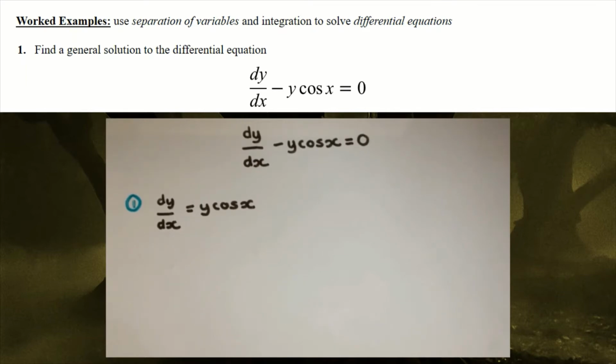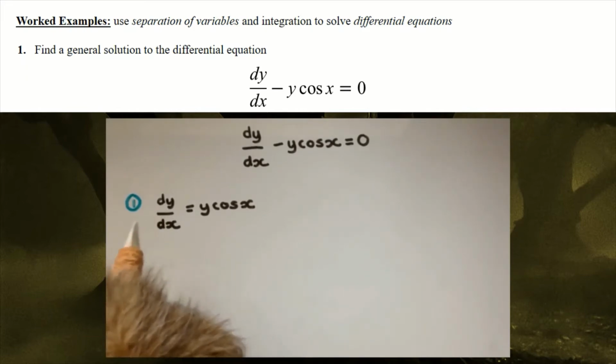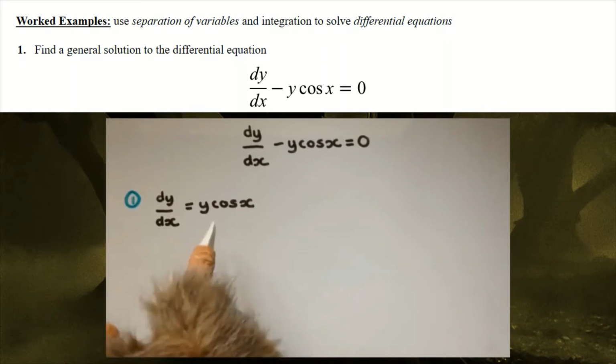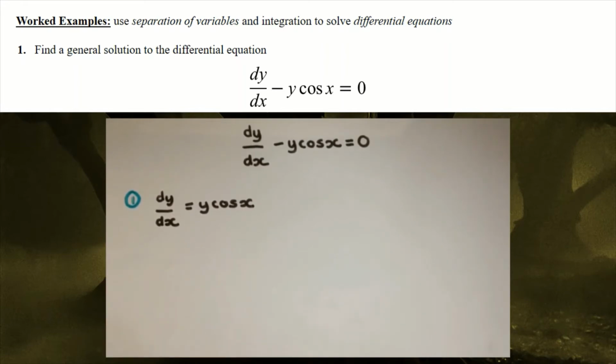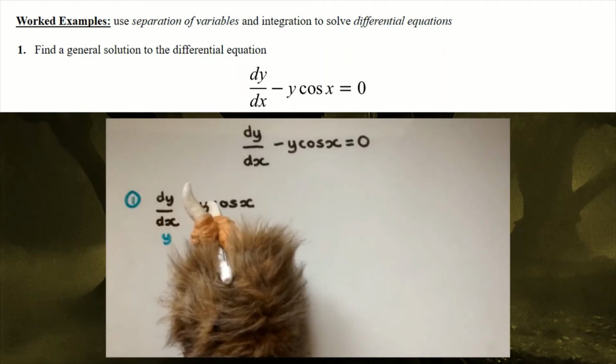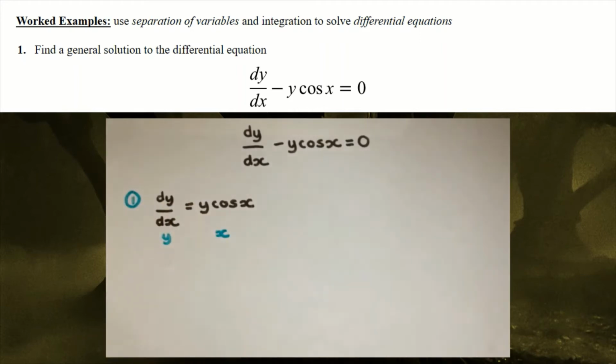So we've made dy by dx the subject in 1 step. Next we have to begin the separation of variables process. And as I've stated, because I have dy by dx, I'd like to keep the dy on the left hand side. Just choose a side where you want everything to go. You don't have to do it like this, but because general solutions read y equals f of x in some instances, I'm just going to stick with that format. So let's call this the y side, and this is going to be the x side. That's not a step, it's just a note to remind me what I'm doing.